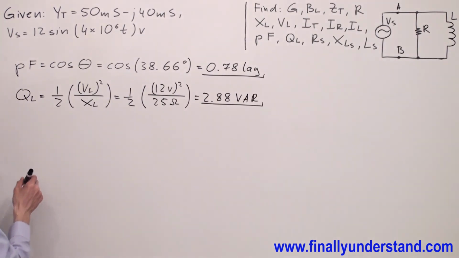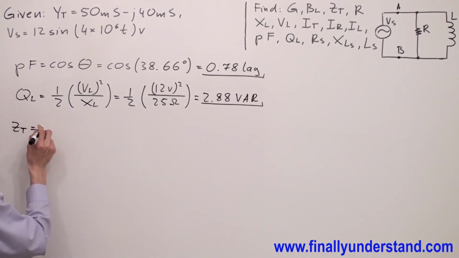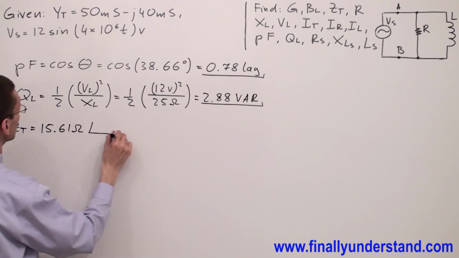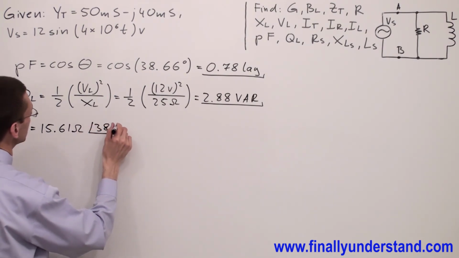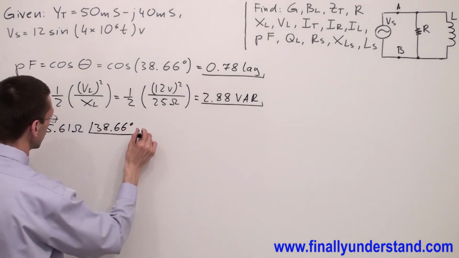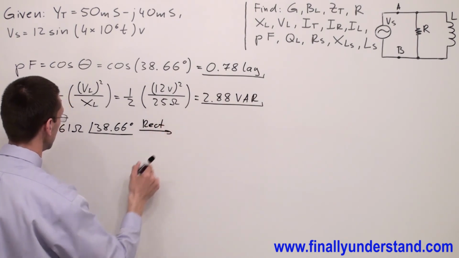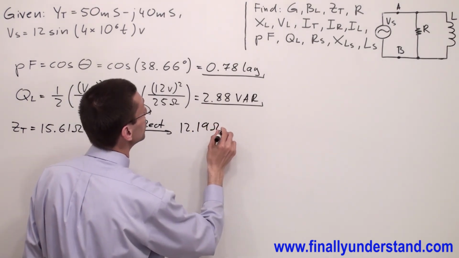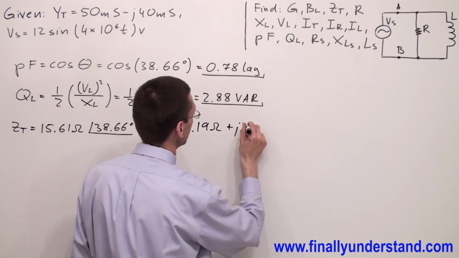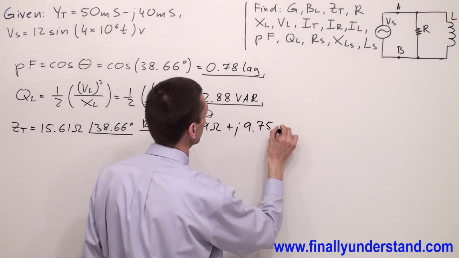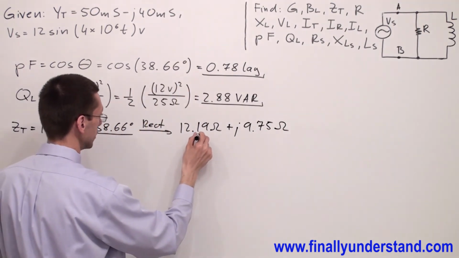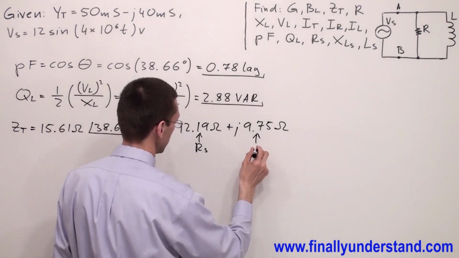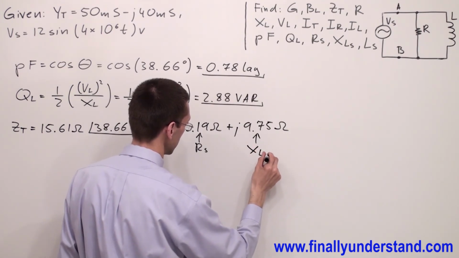So in order to do so, we're supposed to write one more time Z total, which is equal to 15.61 ohms and angle of 38.66 degrees, and convert this to the rectangular form, which is equal to 12.19 ohms plus j 9.75 ohms, where the real part is my resistance Rs, the imaginary part is my inductive reactance X of Ls.